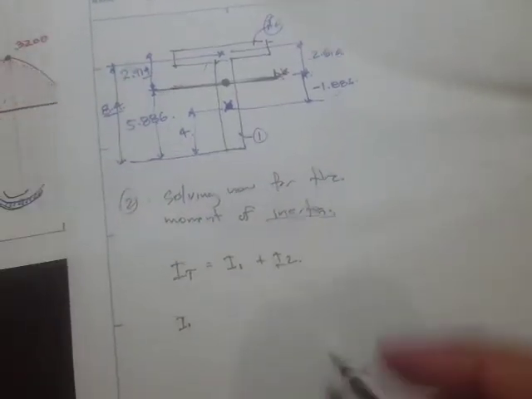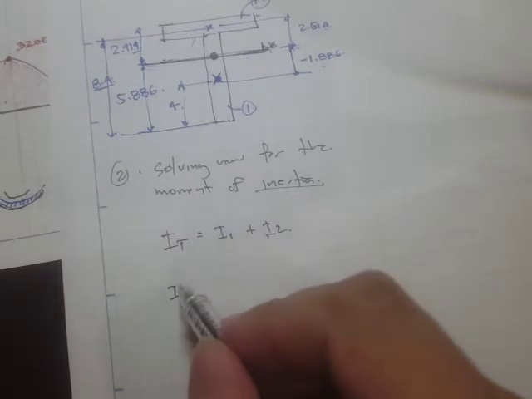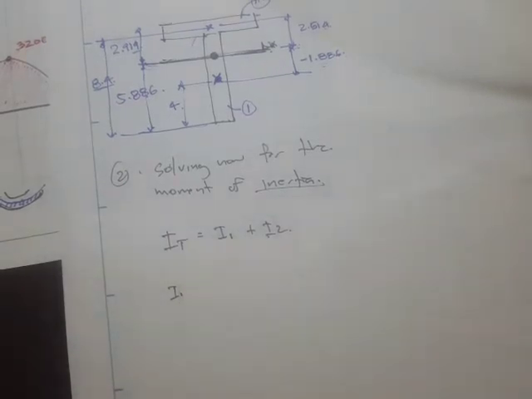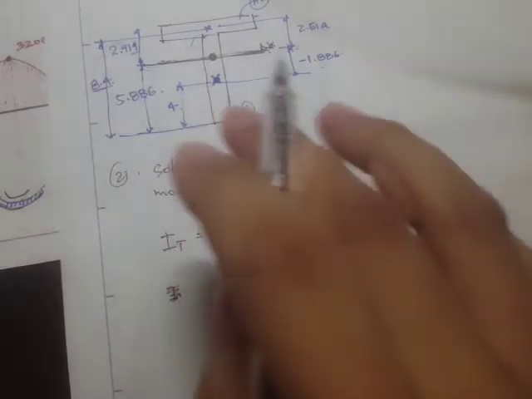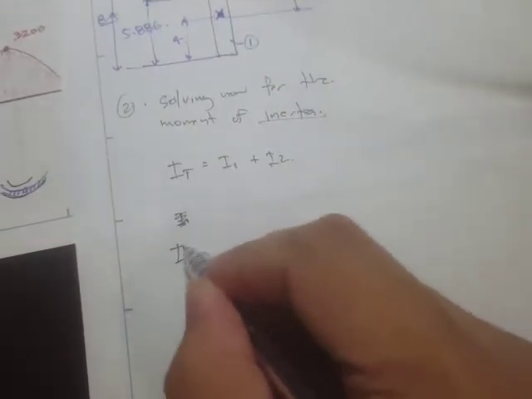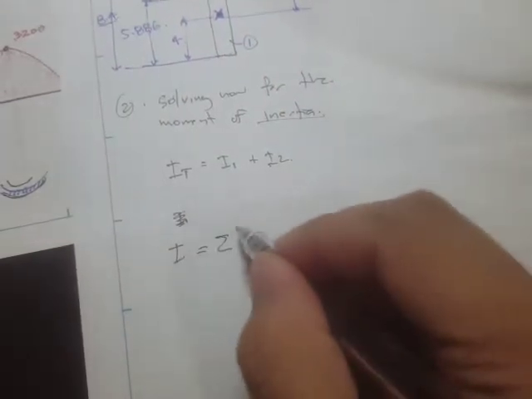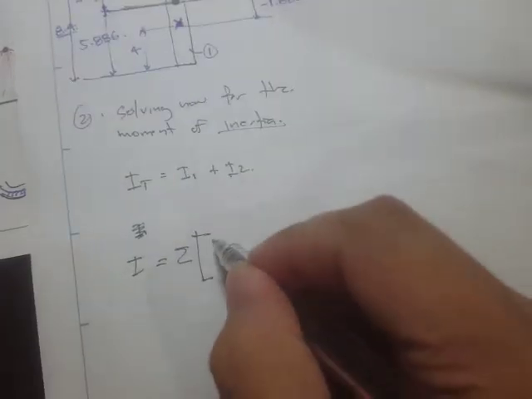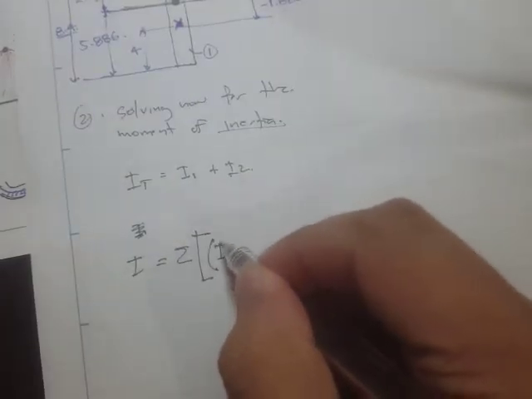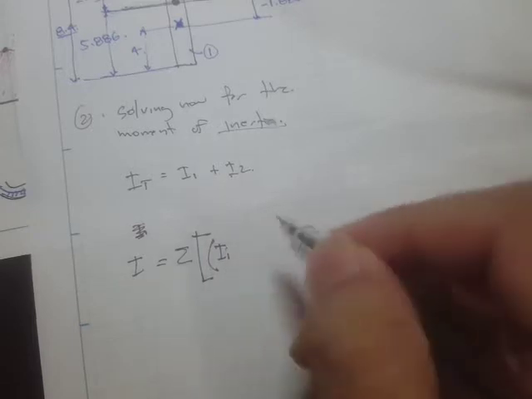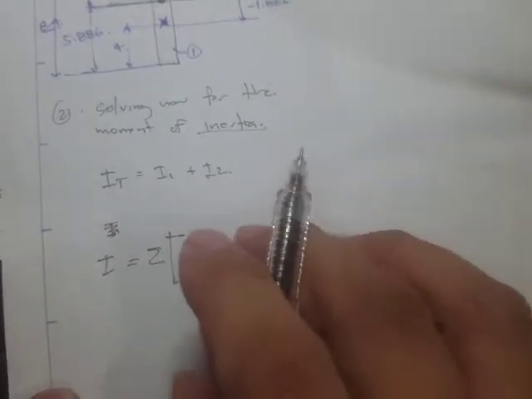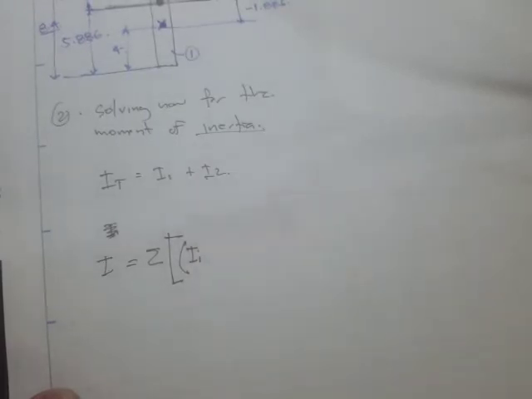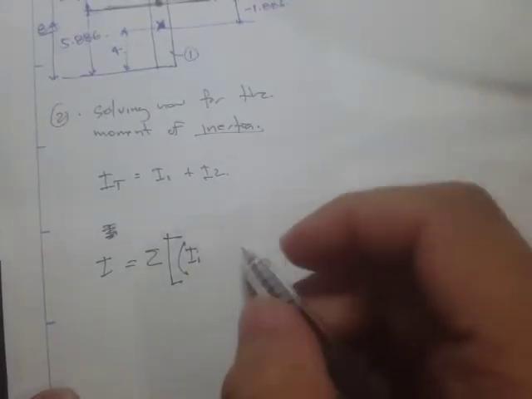Now, in terms of equations, if you prefer equations rather than doing the geometry, then the actual equation is this one. We have a summation of the moment of inertia I, something like what we did earlier, it's just a symbol.